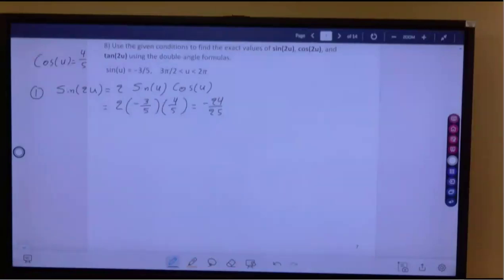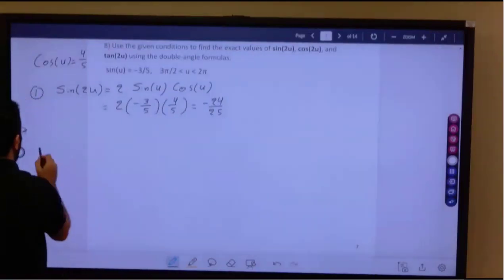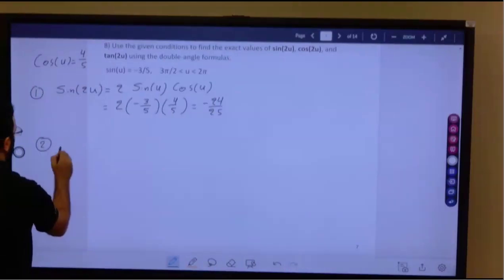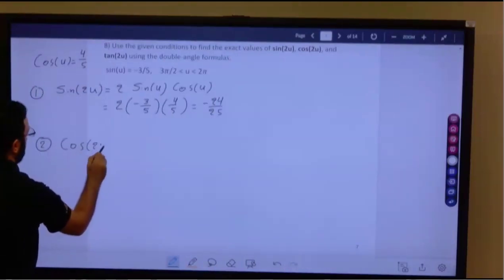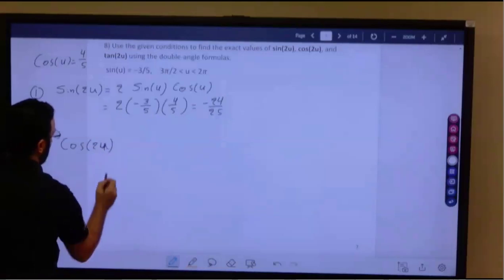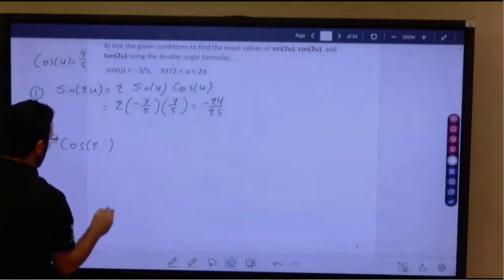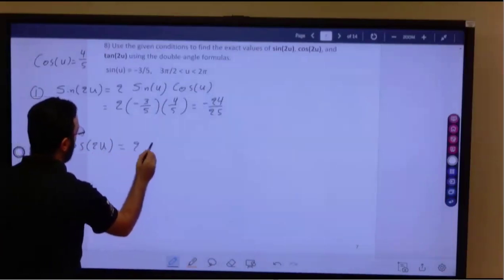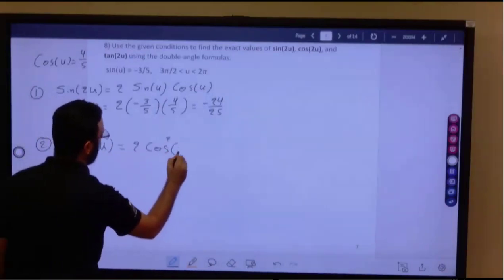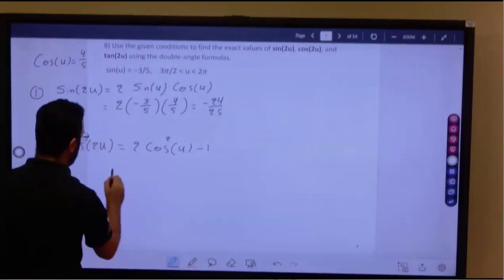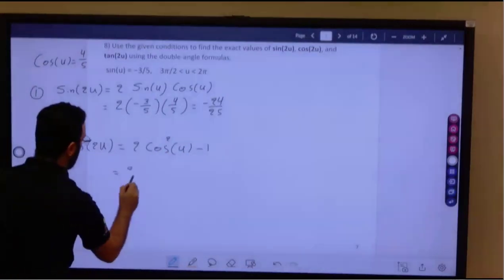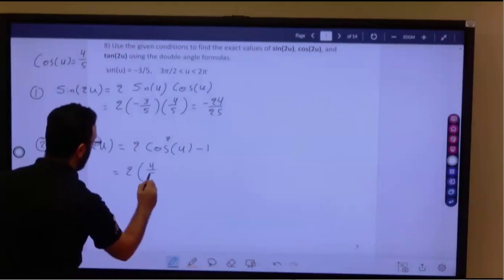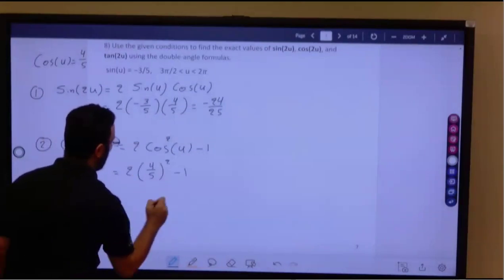Next one, we need to find cosine 2u, and again, it's up to you which formula to use, because with the cosine double angle, you will have 3 formulas. You can use 2 cosine squared u minus 1. This is equal to 2 times cosine squared, which is 4/5 squared, minus 1.